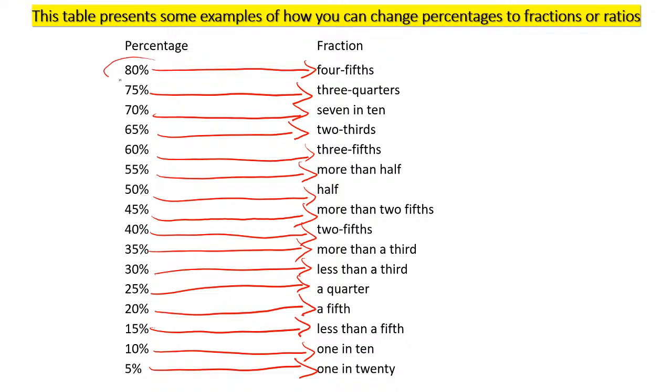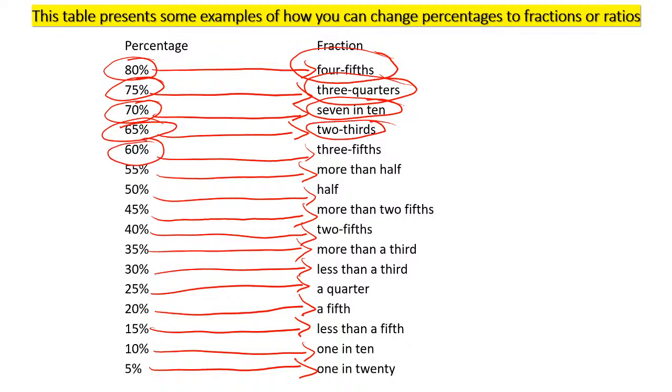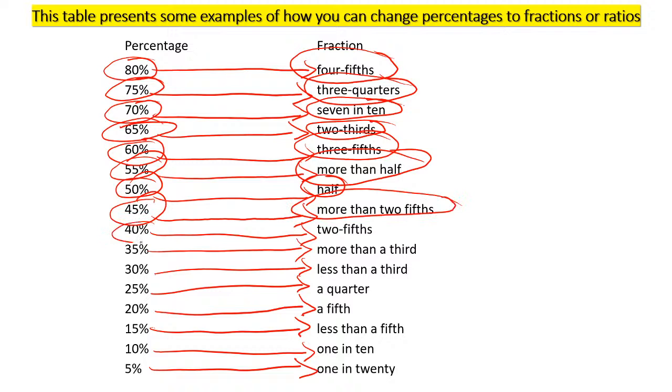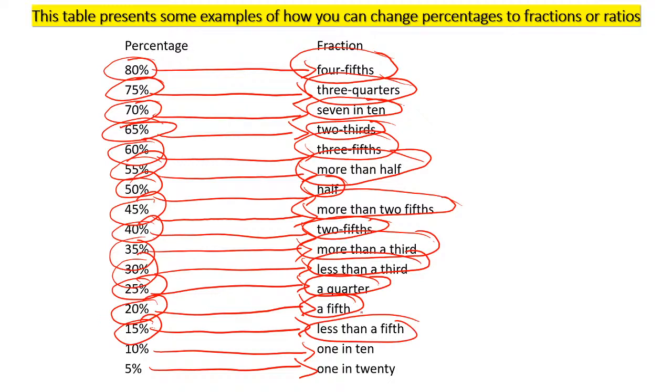If it is 80%, you will say 4/5; 75%, 3/4; 70%, 7 in 10; 65%, 2/3; 60%, 3/5; 55%, more than half; 50%, half; 45%, more than 2/5; 40%, 2/5; 35%, more than a third; 30%, less than a third; 25%, a quarter; 20%, a fifth; 15%, less than a fifth; 10%, 1 in 10; and 5%, 1 in 20. This is how you will form it.